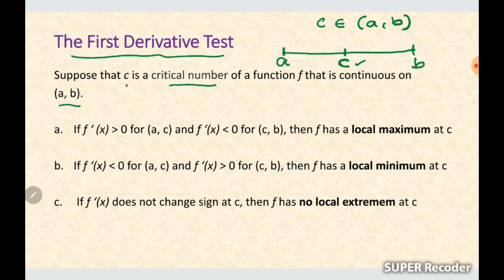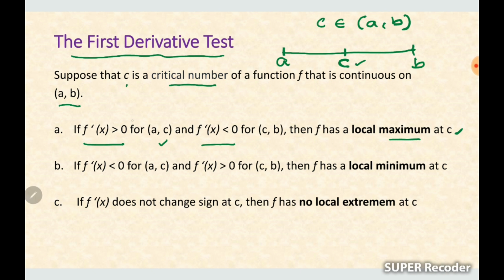Number 1, if the derivative of f, f prime x, is more than 0 for the interval from A to C, and f prime x is less than 0 for the interval from C to B, then f has a local maximum at point C. For this you can refer to diagram A. After this we will look at the diagram.